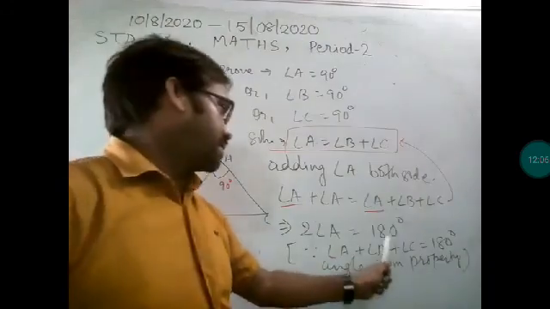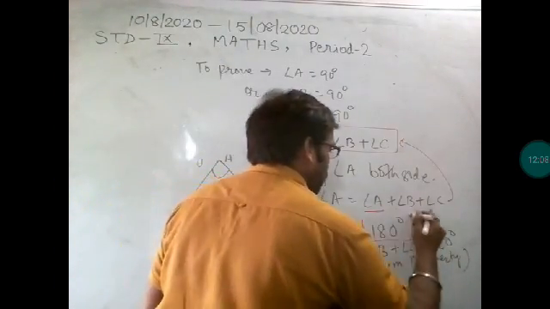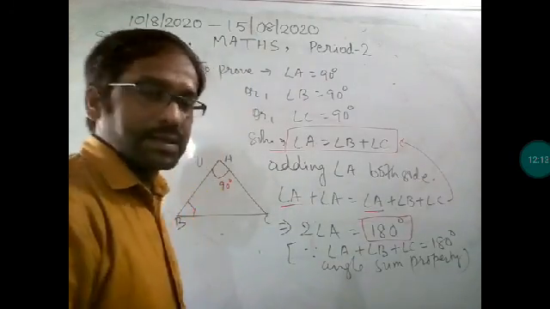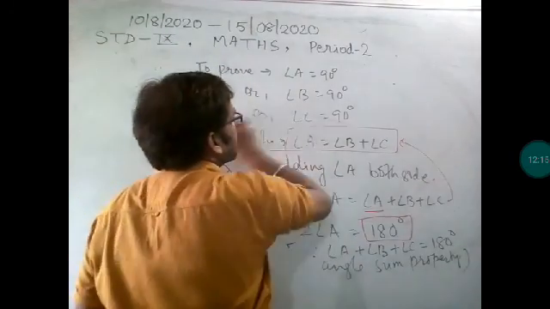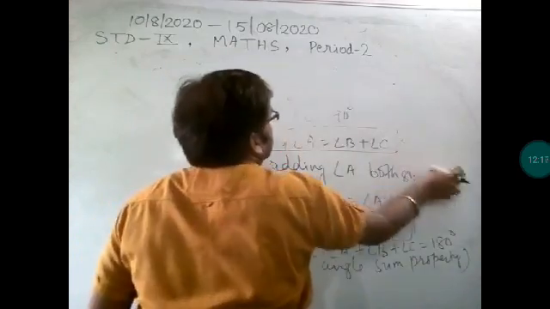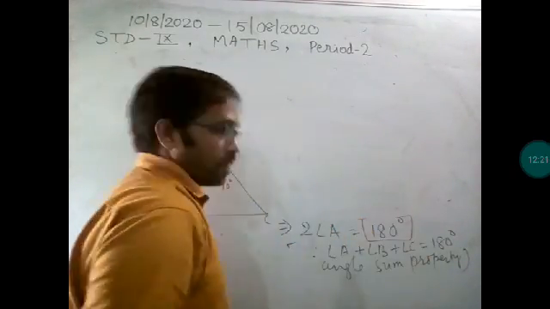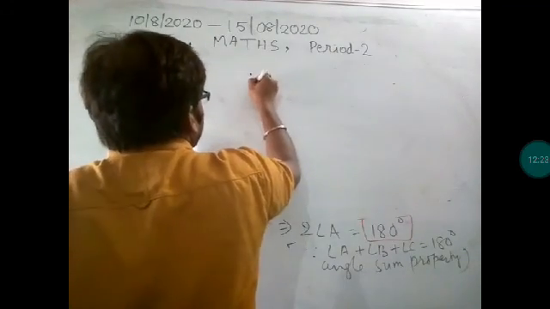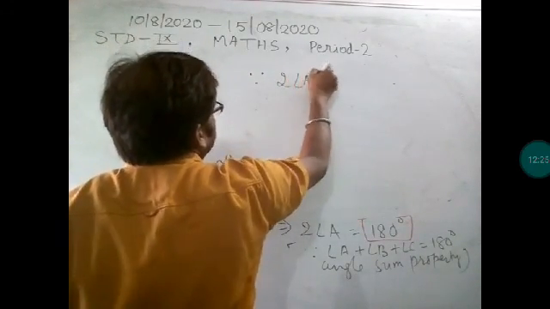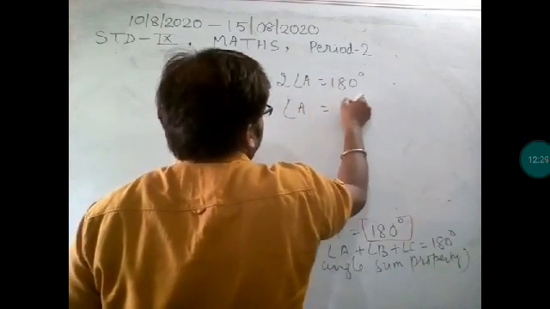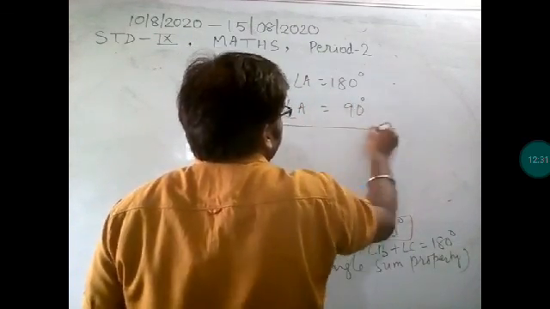Now when this has come 180 degree, I can easily find the value of angle A. One by one we have to do for all the angles. Only one I will prove, the rest two you can practice at your home. That is also very important. So angle A is equal to 180 by 2, that is equal to 90 degree.